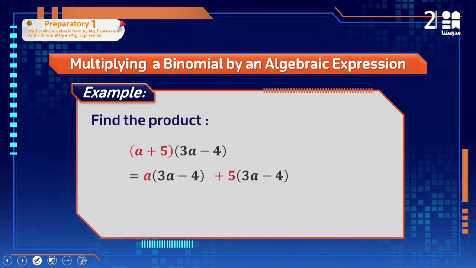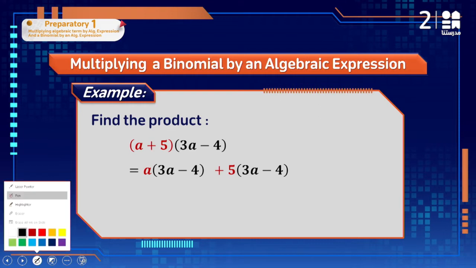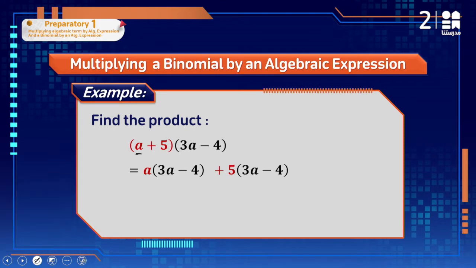Find the product. So as you can see, a plus 5, this is my binomial, times 3a minus 4. We are going to multiply the a first, times 3a minus 4, then put plus as it is, plus 5 times the same algebraic expression, which is 3a minus 4.